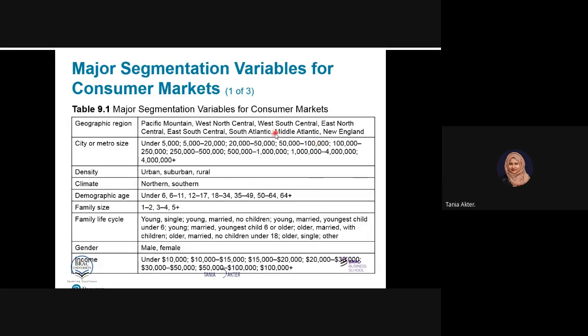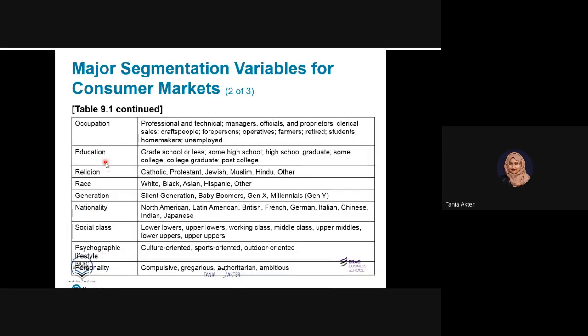So these are the segmentation variables. This is geographic. The geographic can be in terms of city, density, climate, and then demographic.